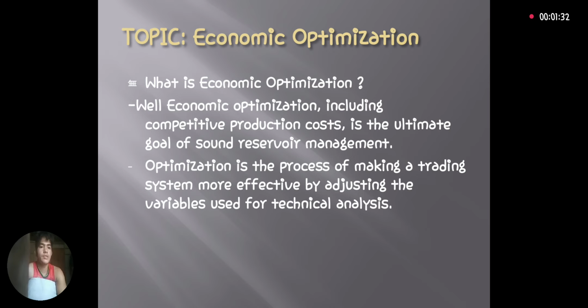Economic optimization is the process of making a trading system more effective by adjusting the variables used for technical analysis. The trading system can be optimized by reducing certain transaction cost or risk, or by targeting assets with greater expected returns.